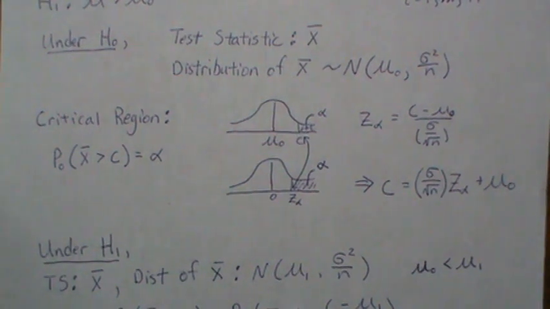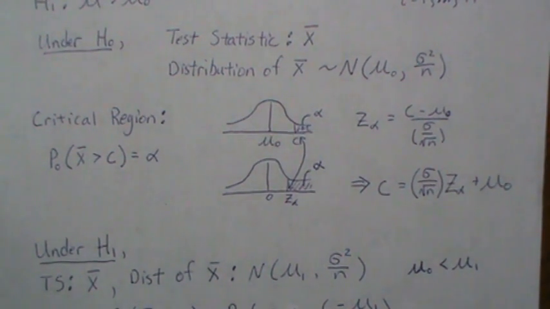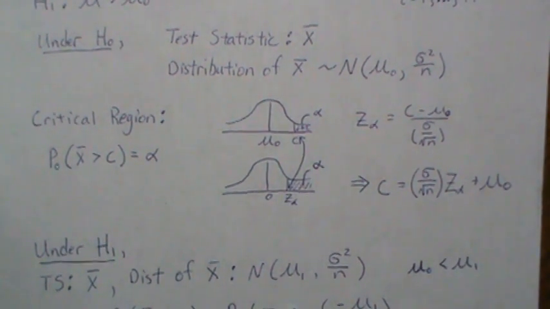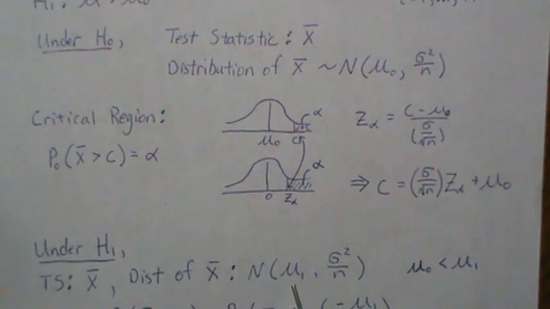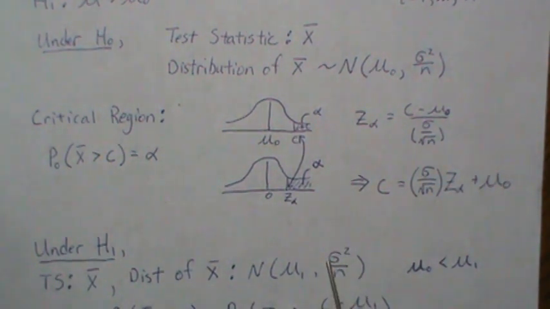And so remember, we're calculating sample size, so we want to be able to detect some sort of shift in the mean. So we have to assume that the true mean is mu1, which is in the alternative region. So the distribution of our test statistic x bar is normal with mean mu1 and variance sigma squared over n. And this is where mu1 is bigger than mu naught.